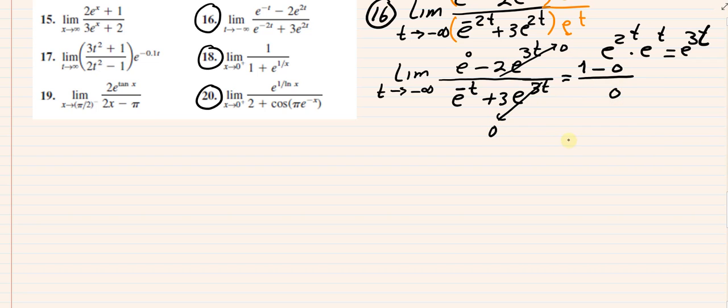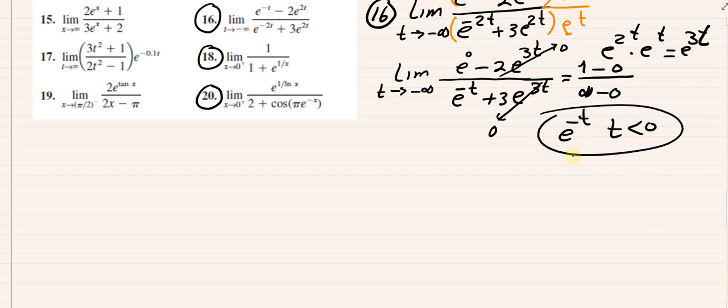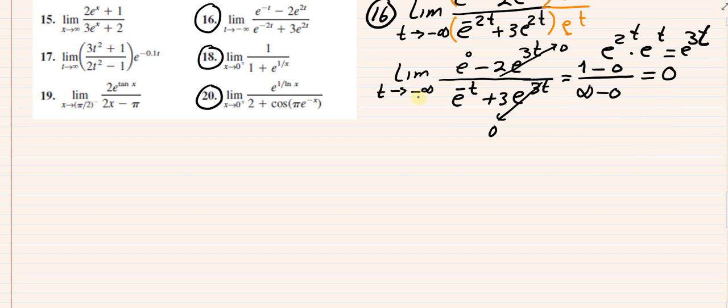And e to negative t, as t goes to negative infinity, gets very large, right? This is going to be kind of like infinity. It means very large. Again, it's e to negative t, but t is less than 0, so it's going to get very large. And 1 over very large, which is infinity, is going to be 0. Okay. The key is e to negative t becomes very large as t approaches negative infinity. So there is a limit in number 16.